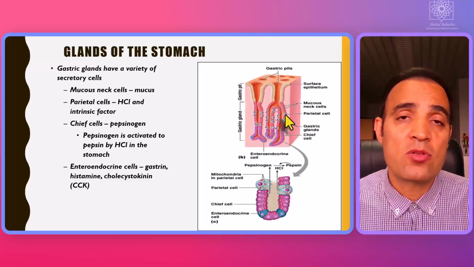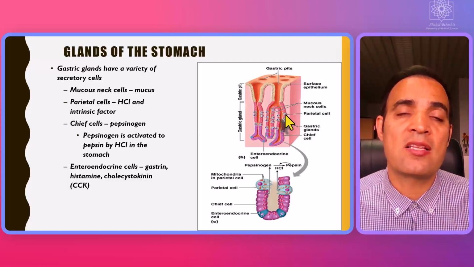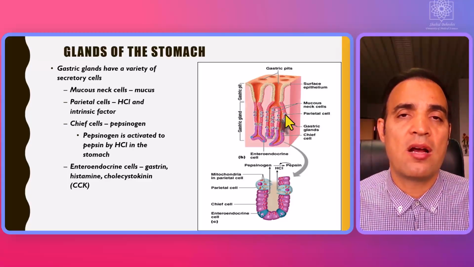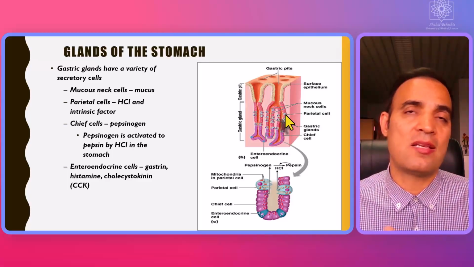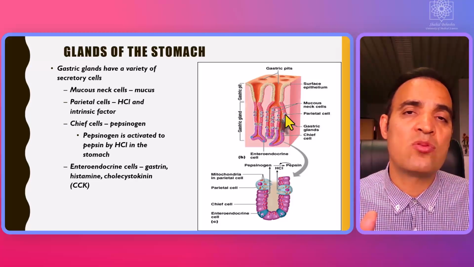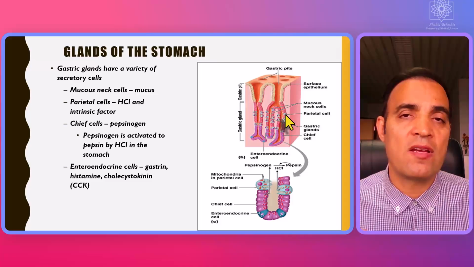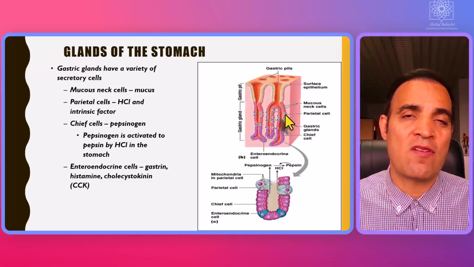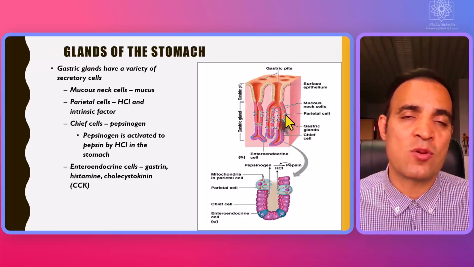The parietal cell also is responsible for releasing another factor named intrinsic factor that I will discuss. That intrinsic factor binds to vitamin B12 and protects vitamin B12 from the acid environment that we have in the stomach.